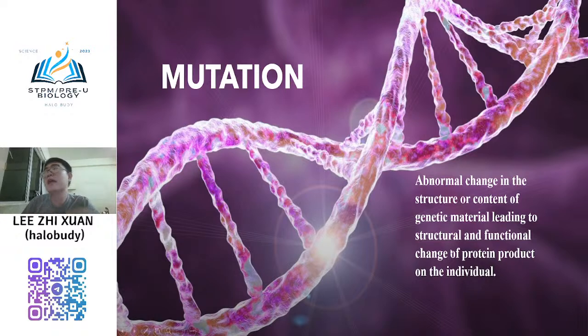If our gene sequence is changed, it means we cannot produce a functional protein. Because our gene produces protein, if the gene is altered, the protein can still be produced but can no longer function. So this can have a huge effect on humans.